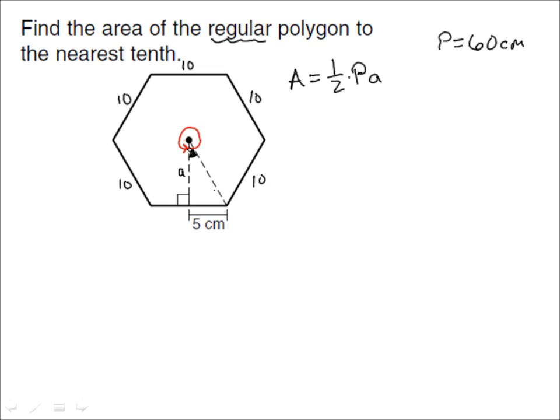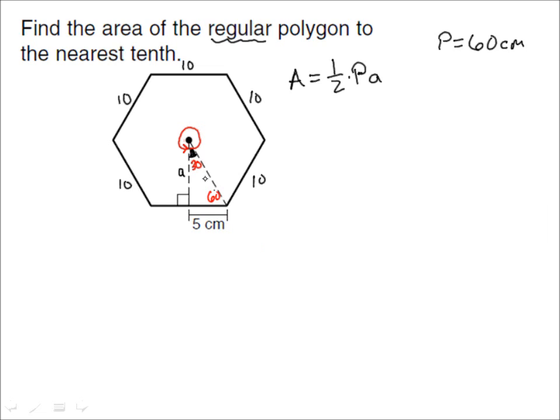So if I take the 360 and divide it by 6, every one of those angles is 60 degrees, and therefore this small angle right here has to be 30 degrees, half of that. Well, it turns out this is a 30, 60, 90 right triangle.